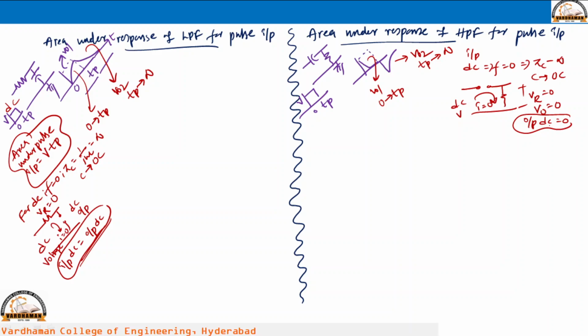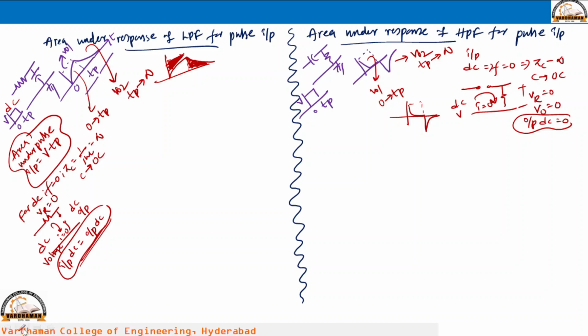Okay. So, now with respect to curves we will understand this one. If you see the output curve like this I have taken, what area is missed here, that area is covered here. So, total area is equal to that rectangular area only. And coming to this high pass filter, the output will be like this.